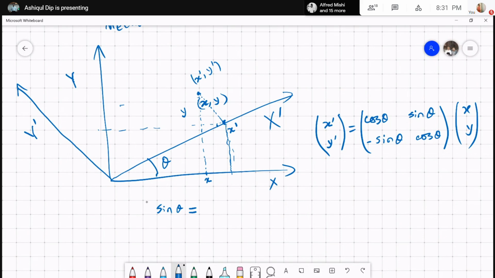Yes. And what's the hypotenuse? X prime. And what about the other one? Cos theta. The sine theta. It's x prime cos theta, I think.